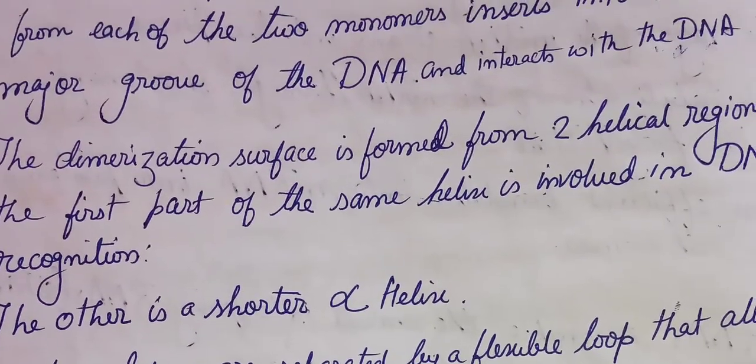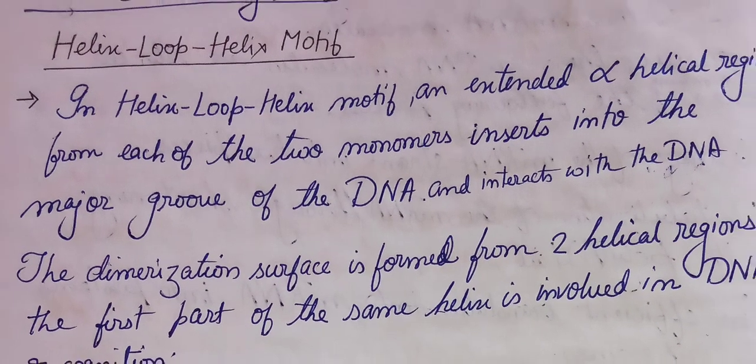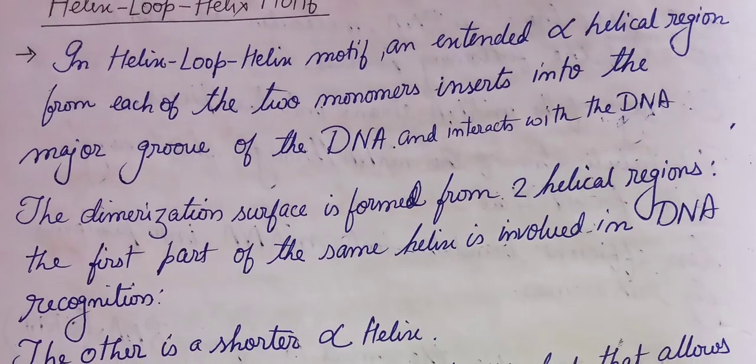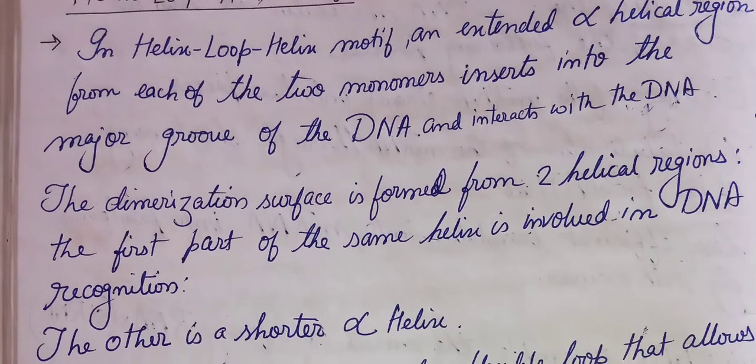So again I repeat, I think I have said something wrong, and I'm trying to rectify my mistake. This helix loop helix motif is made up of two monomers, and these two monomers have alpha helices which interact with each other to form a dimer, and their alpha helices interact with the major groove of the DNA.